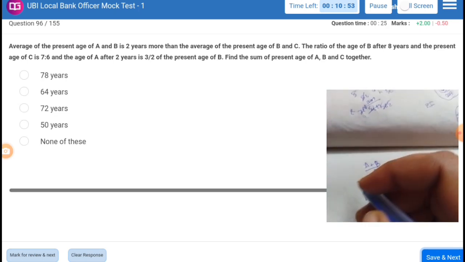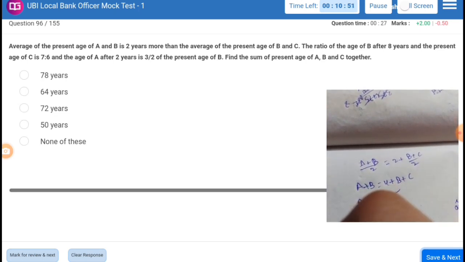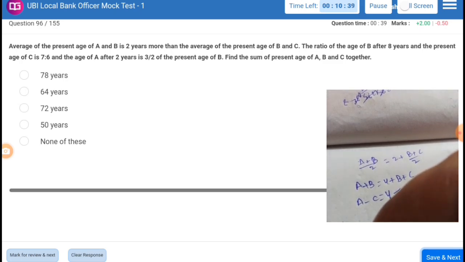The ratio of the age after 8 years, so 7x minus 8, and age after 2 years is 3 by 2 of present age of B. Minus 2 by 2.